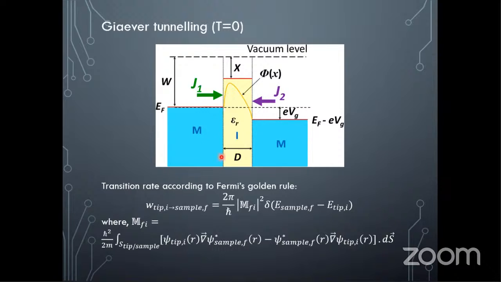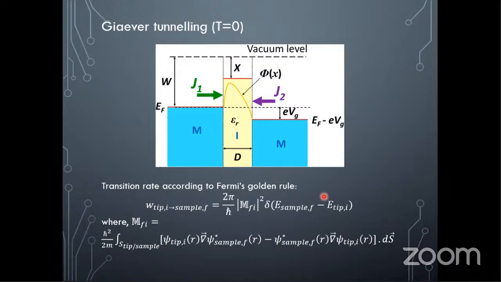Now the transition rate for this tunneling, according to Fermi's golden rule, is given by this formula here, where we have this matrix element M_fi, which is given in terms of the wave functions of the tip and the sample.